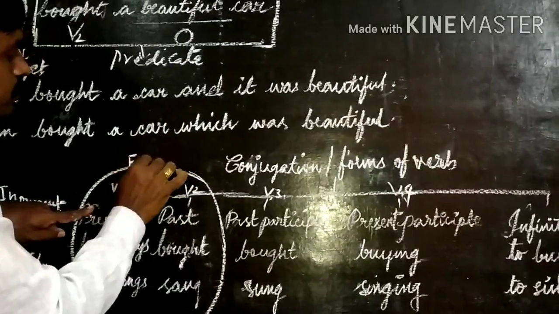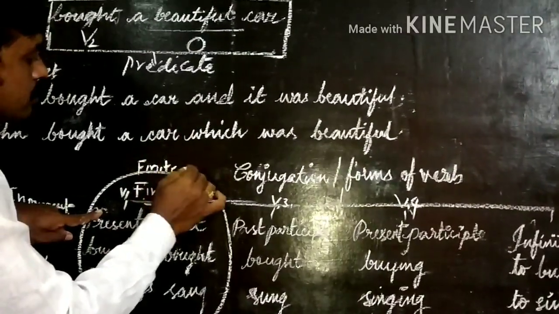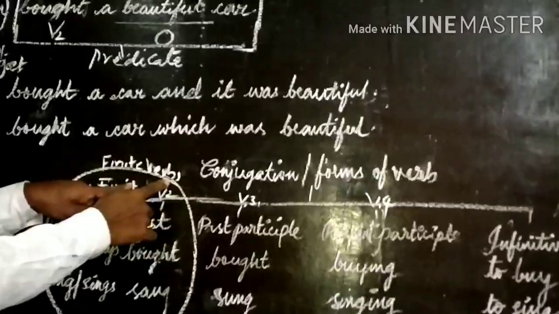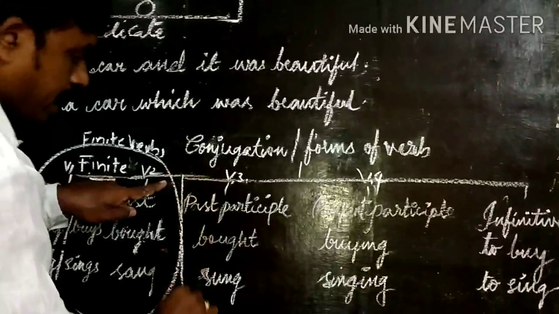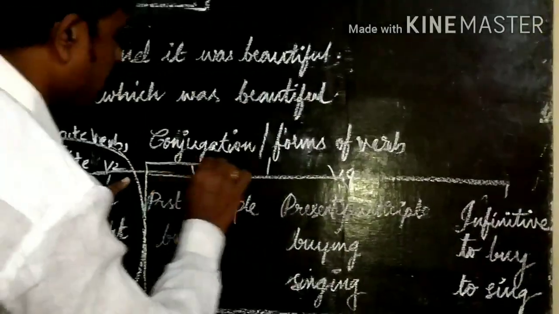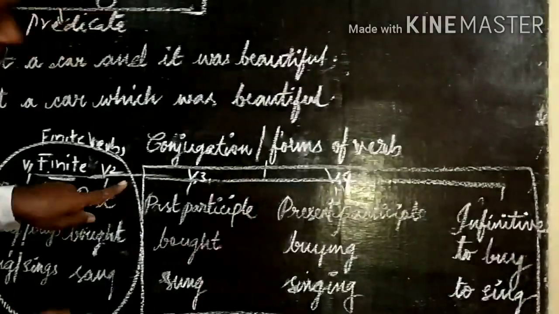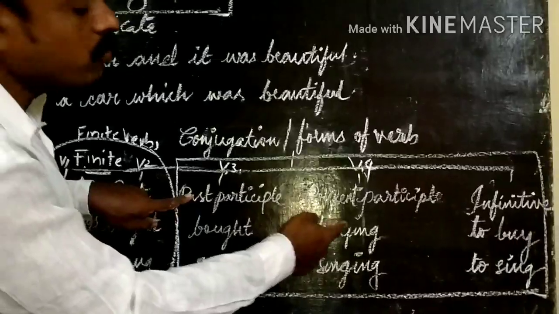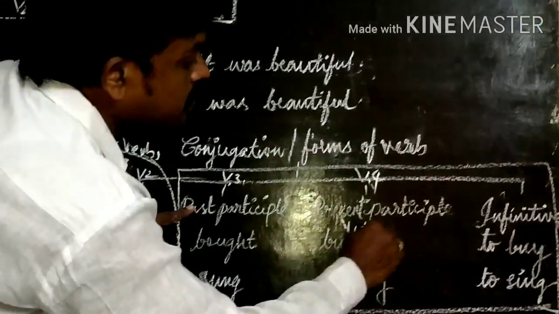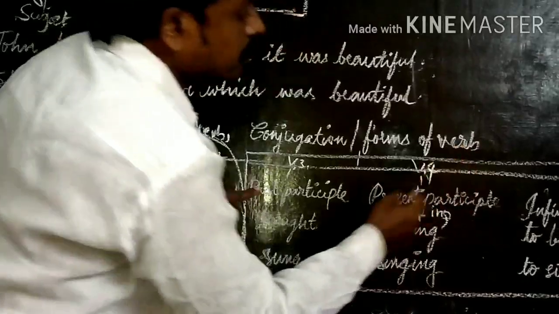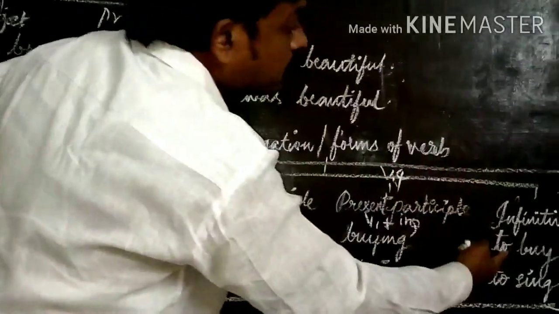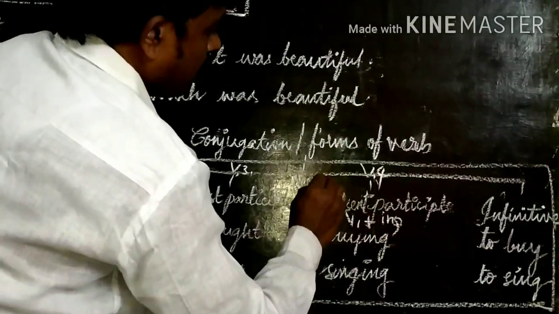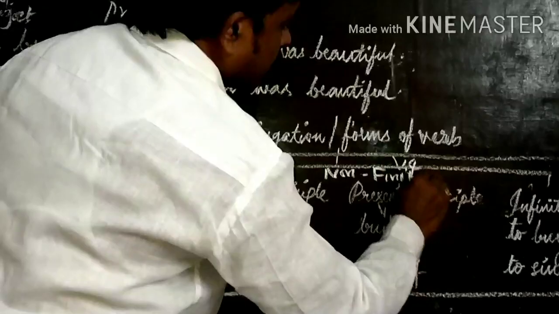F-I-N-I-T-E. Due to space problem, I write a very small letter. The remaining forms of the verbs, such as past participle, present participle, and infinitive, are said to be non-finite verbs. Present participle is often formed by present form plus ing.